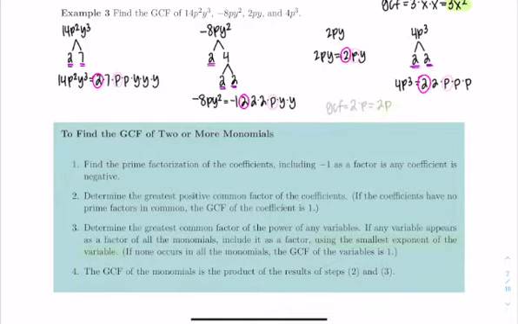They all have at least one p in common. And that's it. And so our GCF is 2 times p, or just 2p.